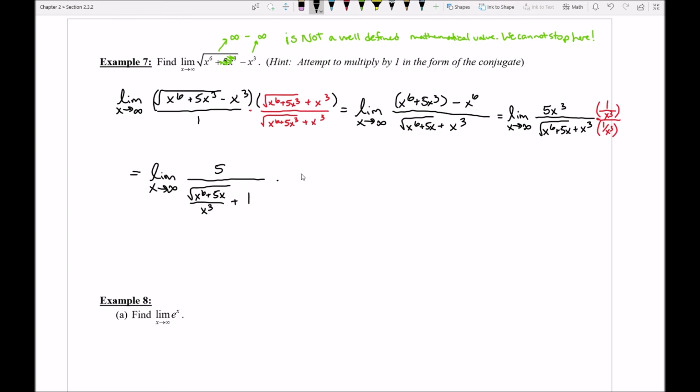But we have to make some observations. First, since x is moving towards positive infinity, we can assume that x is going to be a number that's greater than 0. And so, x to the third power could actually be the same as the square root of x to the power of 6.